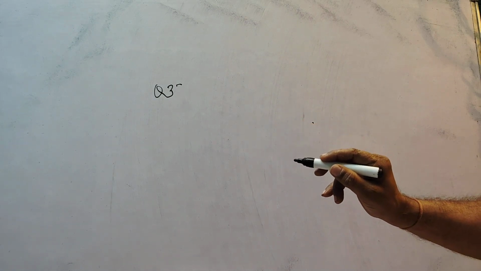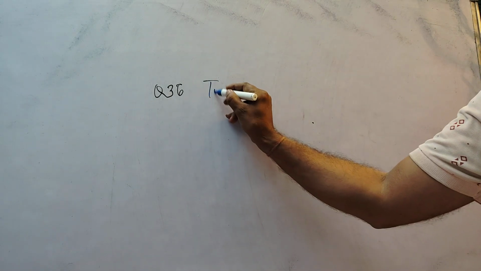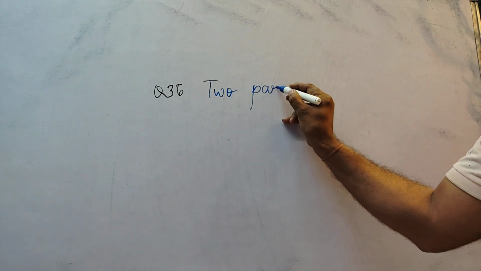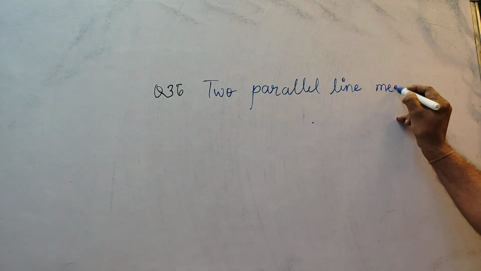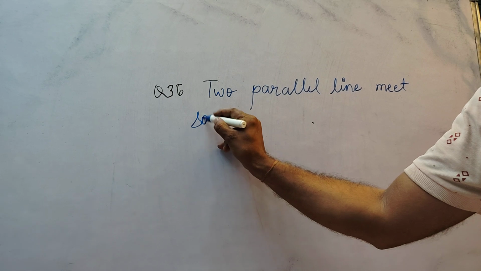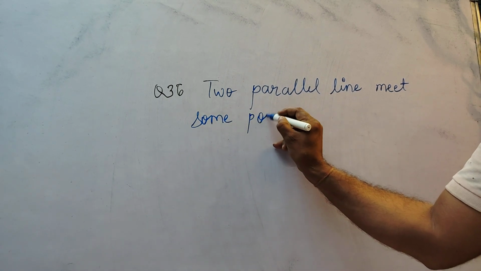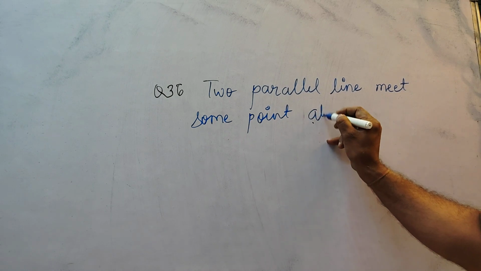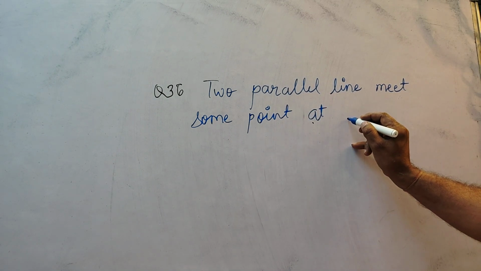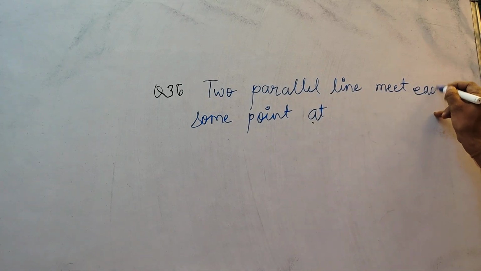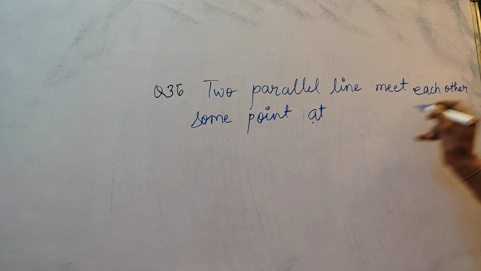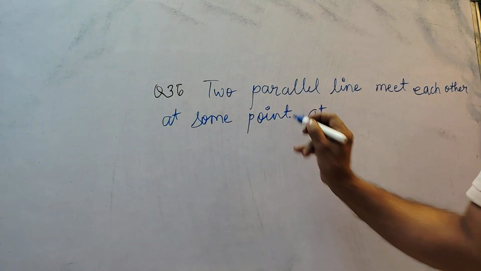Next question, number 36. The question is: two parallel lines meet each other at some point.